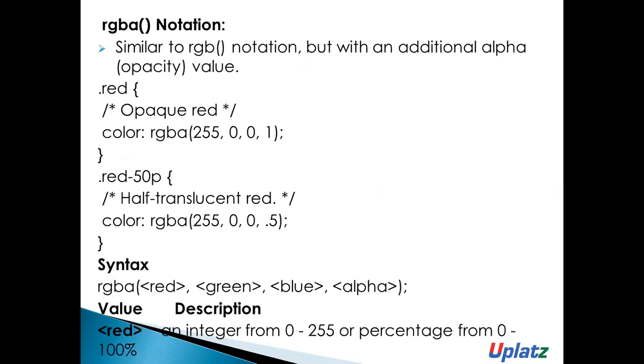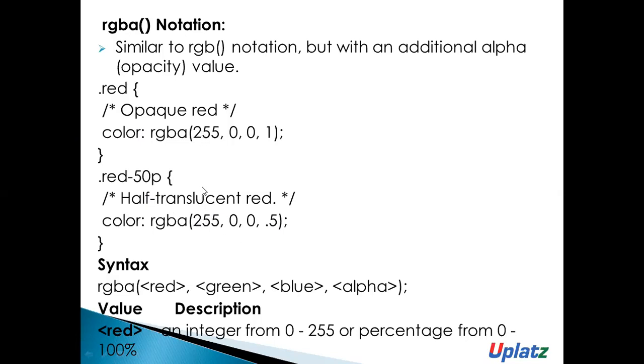So next is the RGBA notation. It is similar to the RGB notation, but we have an additional alpha opacity value. So opaque red would be rgba(255, 0, 0, 1), where the last value is opacity. 50%, which is half translucent red, means I need to mention 0.5 opacity for the same red.